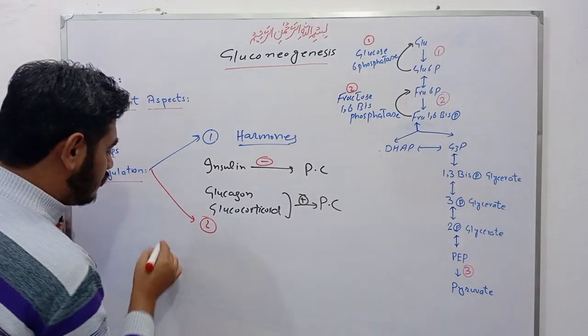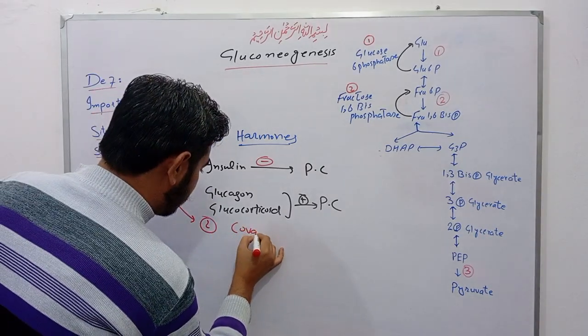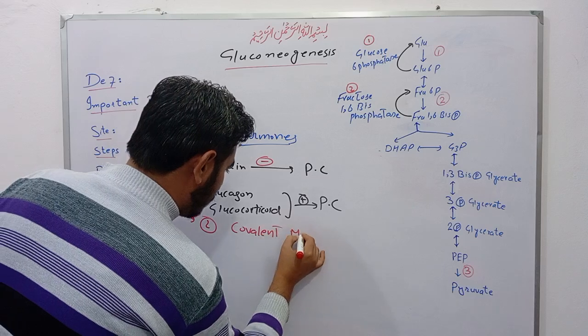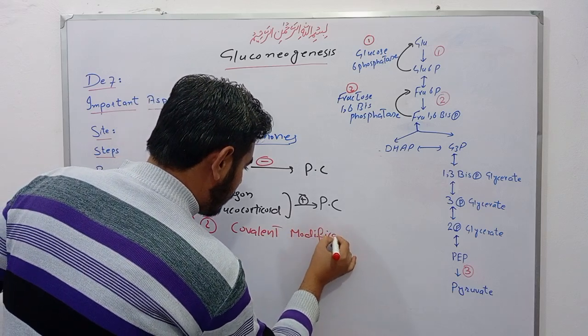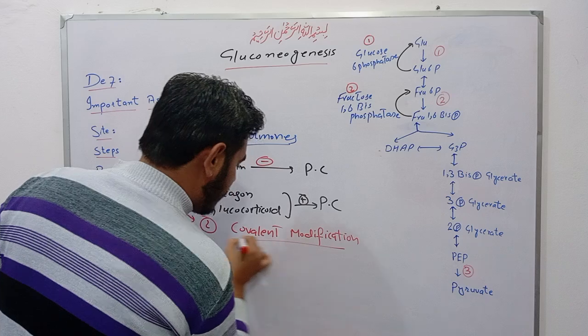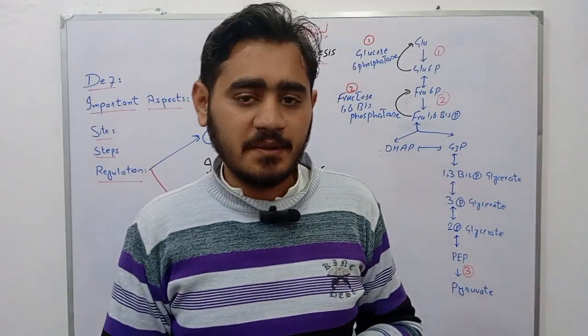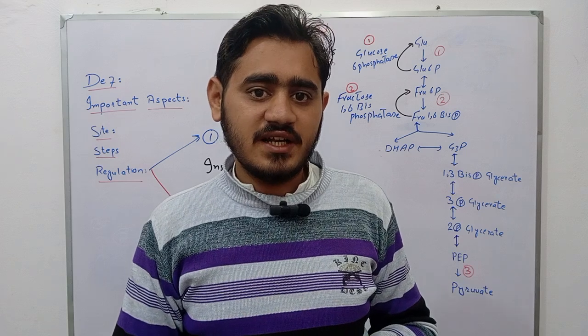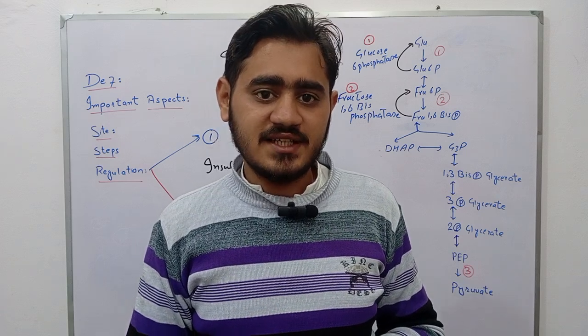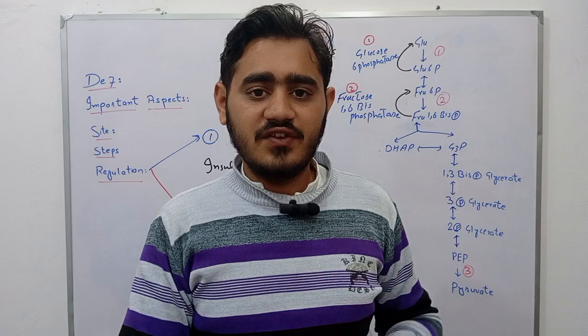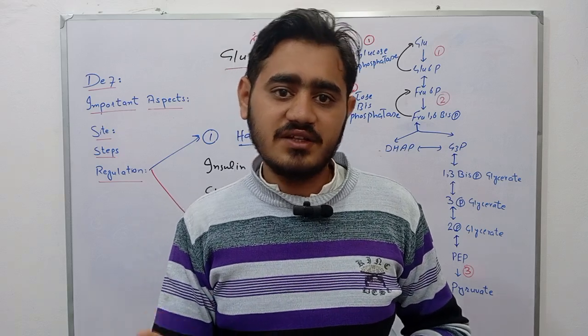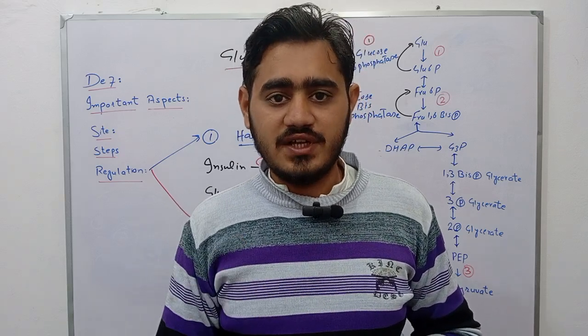Second, through covalent modification. The covalent modification increases the production of cyclic AMP that activates cyclic AMP dependent protein kinase enzyme that ultimately activates the gluconeogenesis enzyme. In this way they favor gluconeogenesis.